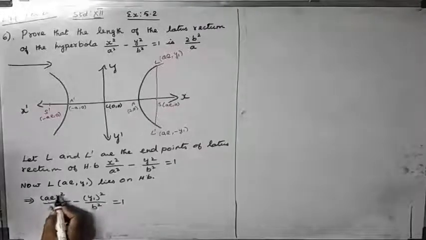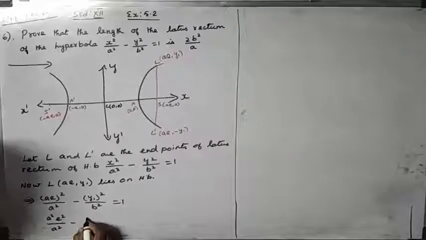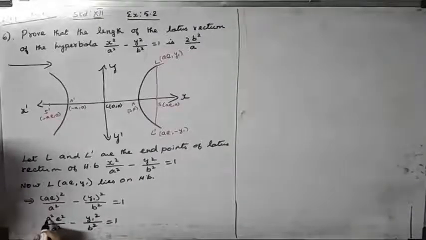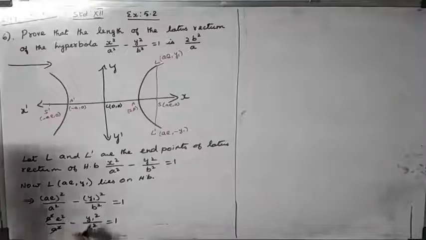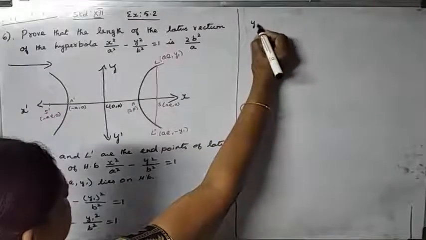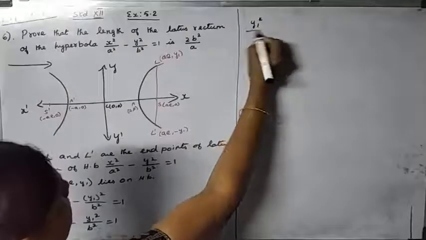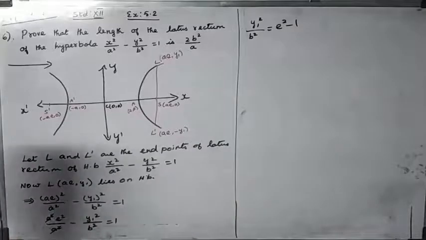Now squaring these, it becomes a square e square by a square minus y1 the whole square by b square is equal to 1. A square gets cancelled. Bring this 1 to the left hand side. So it becomes y1 square by b square is equal to e square minus 1.